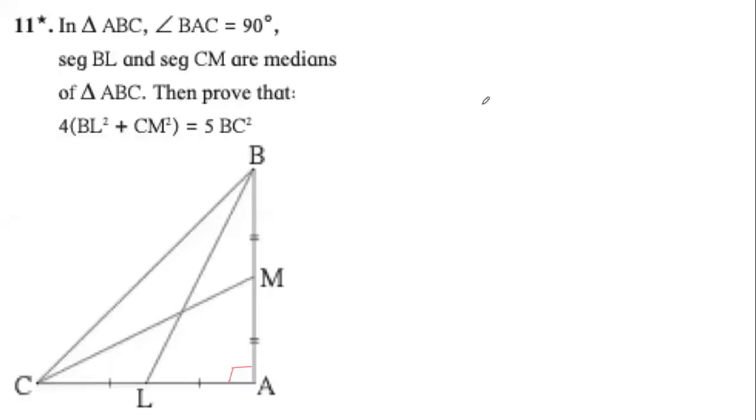The other information that is given is M is the midpoint of AB, but it is not written that it is the midpoint. It says CM is the median. Now we need to know that median means a line segment that joins one vertex of the triangle to the midpoint of the opposite side.